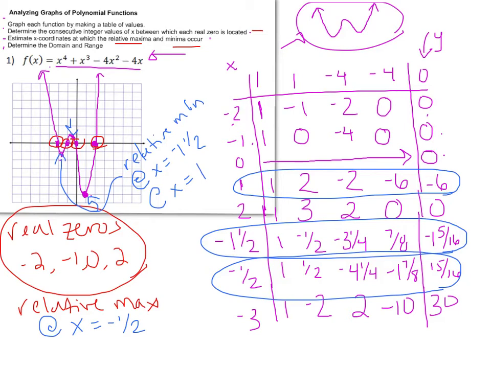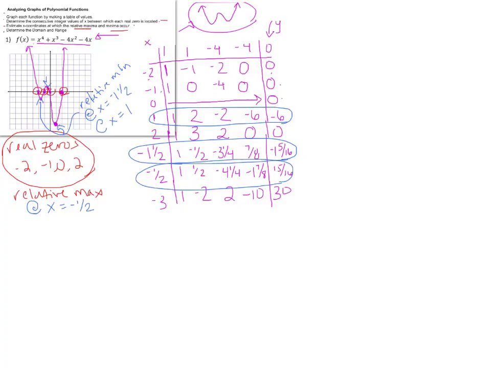And then last but not least, we're going to have to state the domain and range. When we're stating the domain and range here, we want to figure out what the x values could be, as well as what the y values could be. Our domain is whatever our x values can be, and our range is whatever our y values can be.